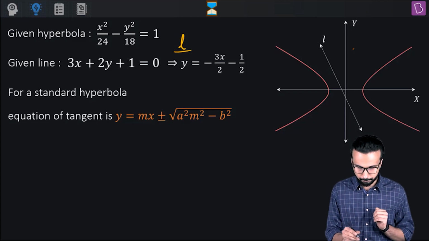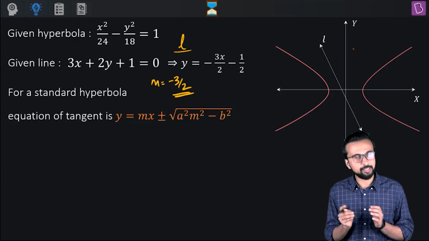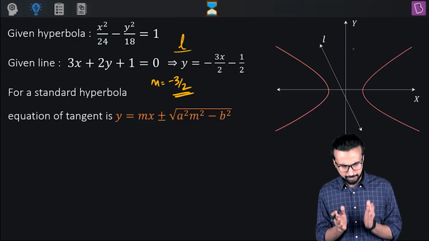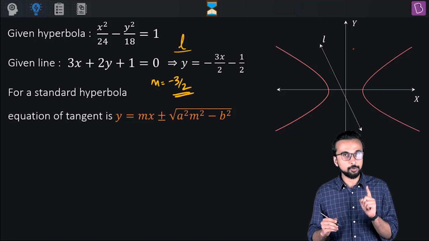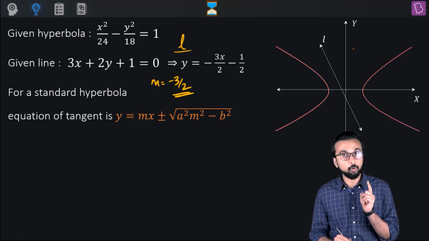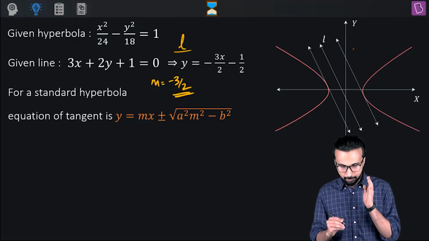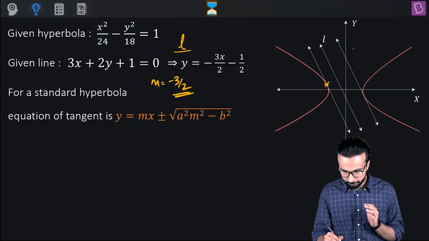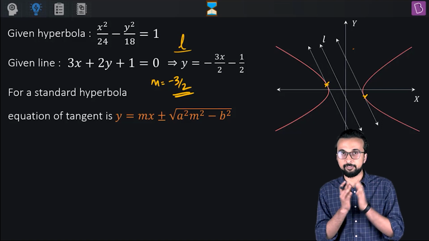Okay, so the slope m here is given to be minus 3 by 2. We'll find the equation of the tangent this way. But why are we finding the equation of the tangent? We are looking for the tangent because the point closest to line L will lie on the hyperbola in such a way that its tangent is also parallel to that given line.